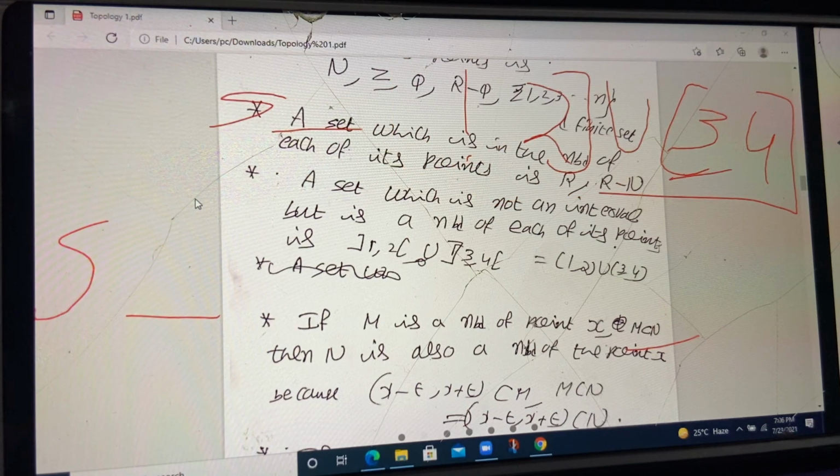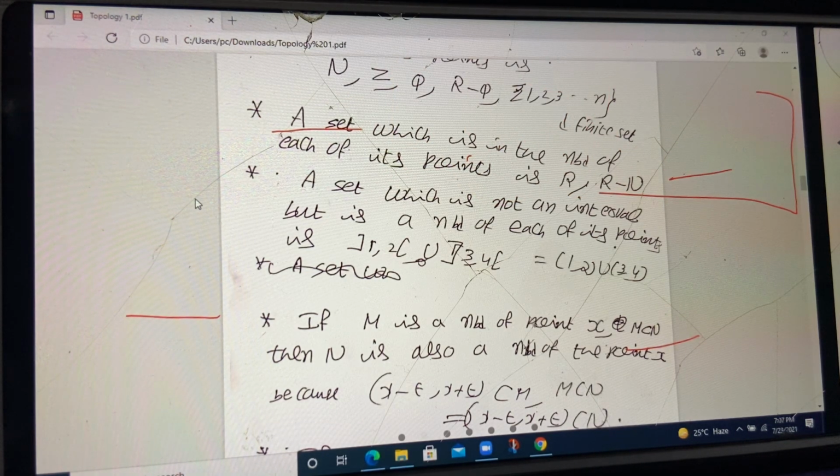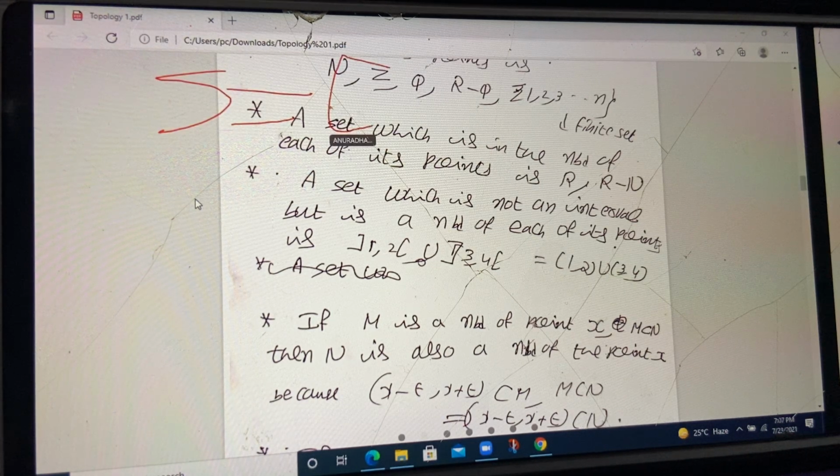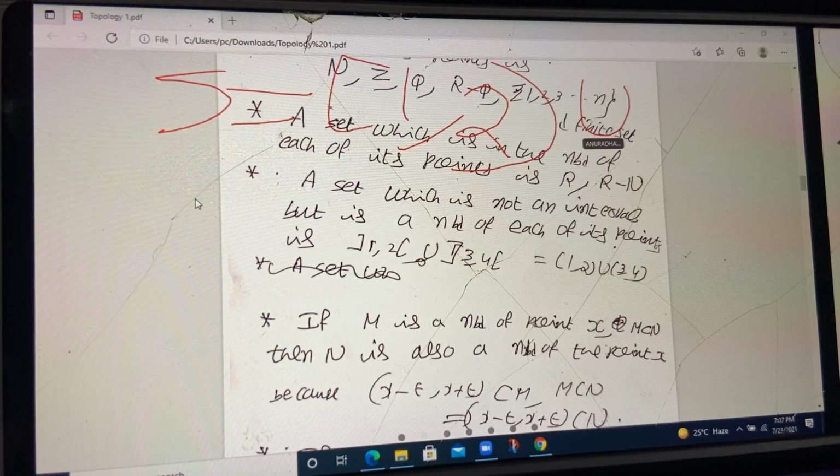Suppose somebody may get it down. Take another one. S is equal to [1, 2) union (3, 4]. Let us see.